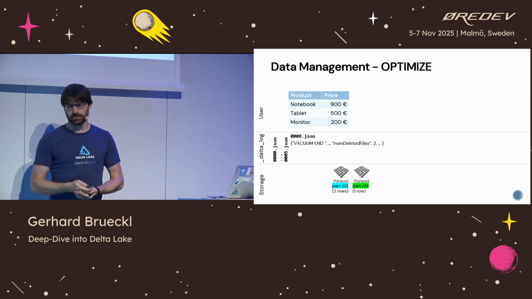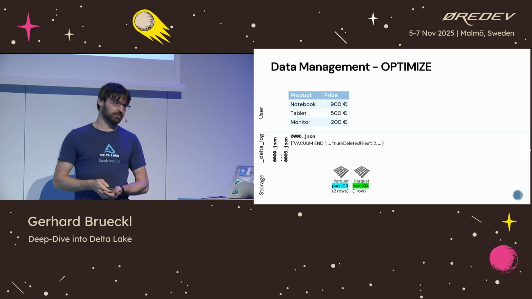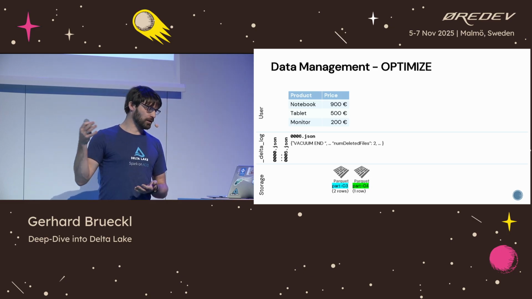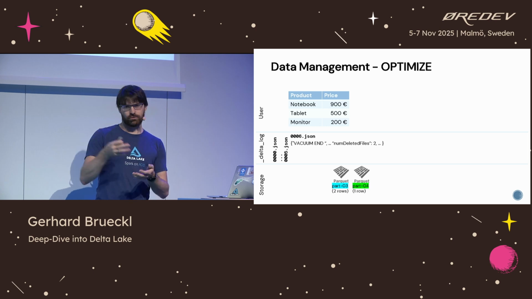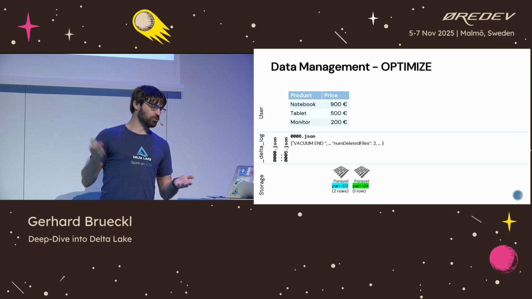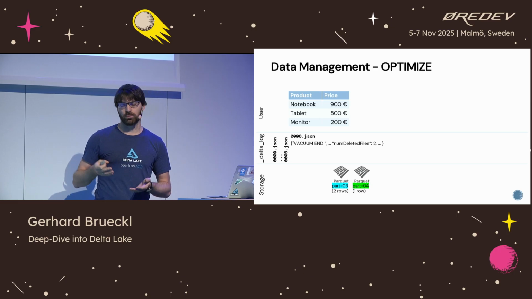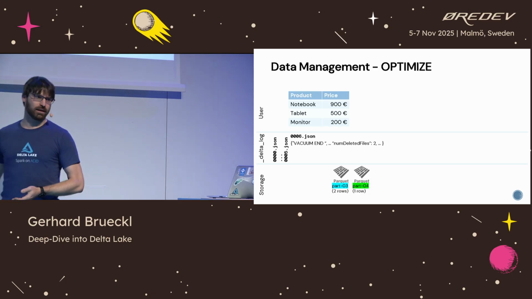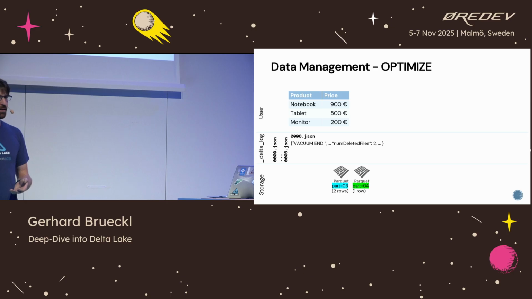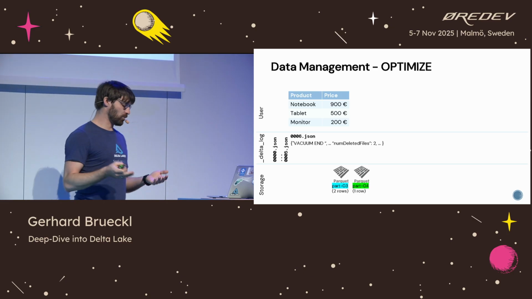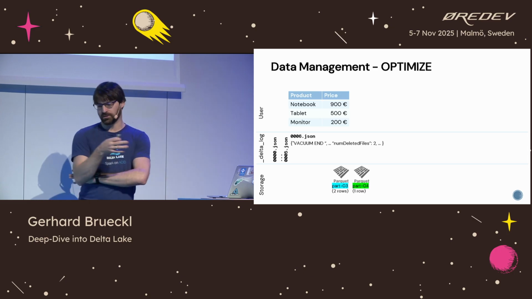Another thing that you can do is optimize. Those of you working with lake houses, data lakes, Spark maybe, are probably aware of the small file problem. Those systems are not particularly good when working with a lot of small files, because there is a lot of metadata overhead, and it causes long run times and bad processing times.